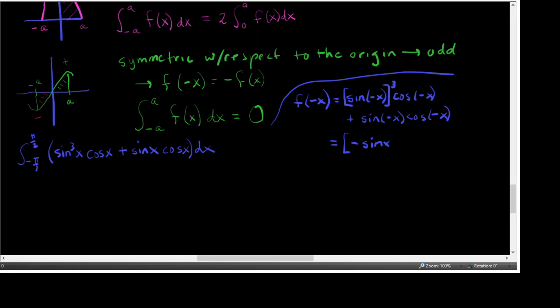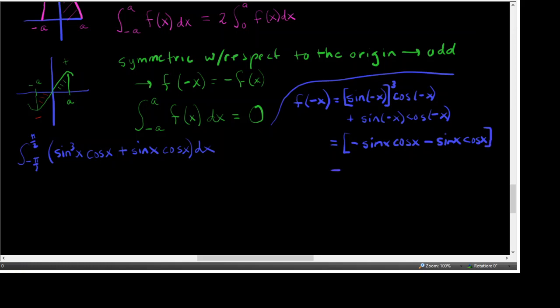And cosine being even, cosine of the opposite of x gives you back the original, cosine x. Sine of the opposite of x is negative sine of x, so that plus a negative I'm going to write as minus sine of x. And cosine of the opposite of x, since it's even, is just simply cosine of x.